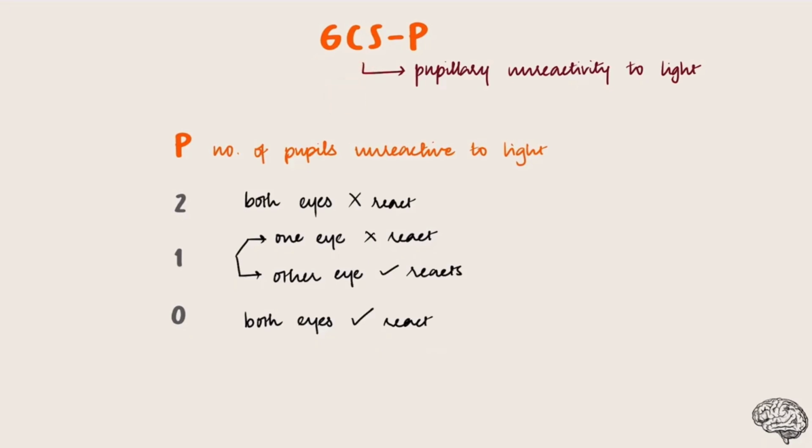So when we look at it, it's actually GCS minus P, which is 13 minus the P score, which was 1. That would mean that the GCS-P score of this patient is 12. Always remember to subtract the P score from the GCS score if you are asked to calculate the GCS-P score here.